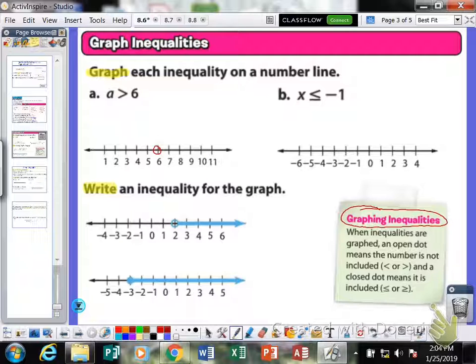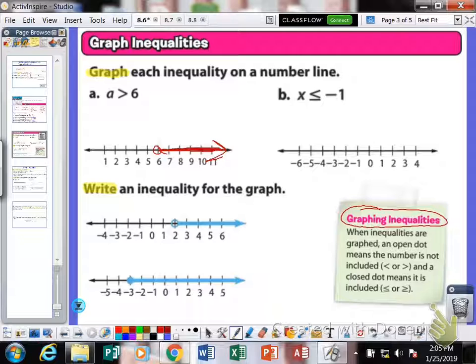on the 6 on our number line, on the tick mark on our 6, and it's greater than. So we are going to be pointing our arrow from the open dot and to the right. You can make this line as thick as you want. I just need to be able to see that your arrow is going from that open dot at 6 and to the right, indicating that it is greater than. For our second one, we have x is less than or equal to -1.